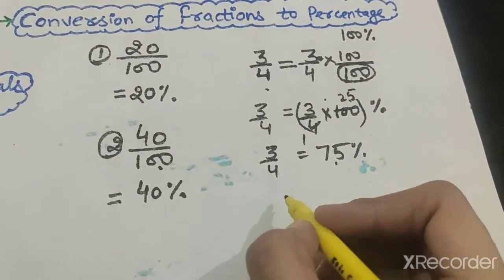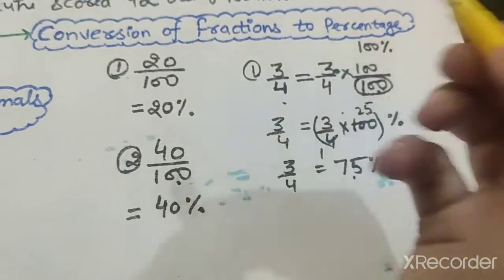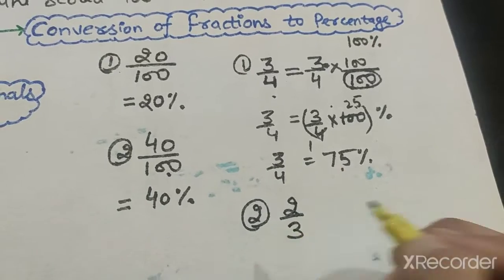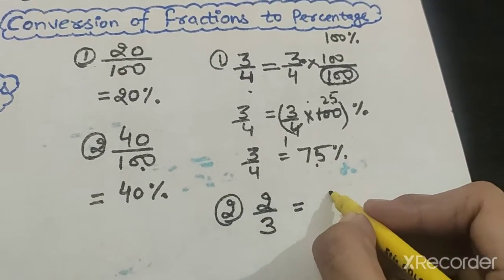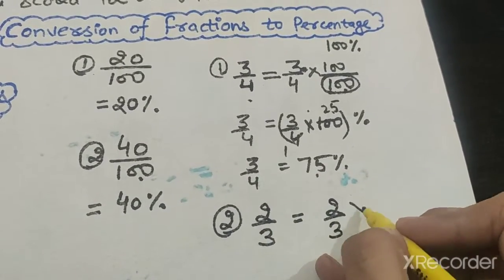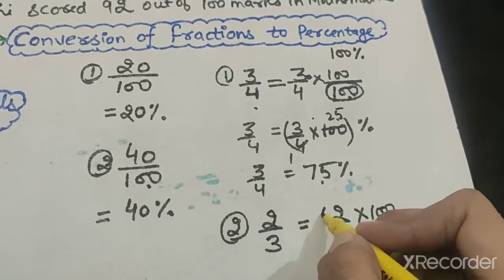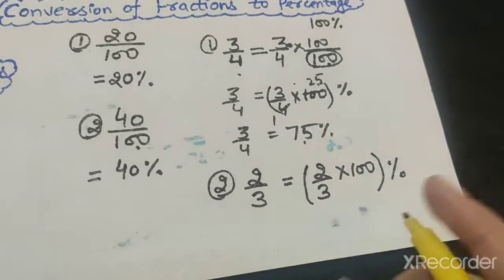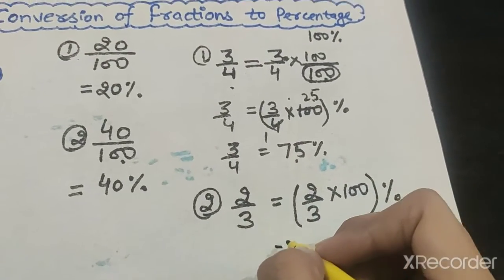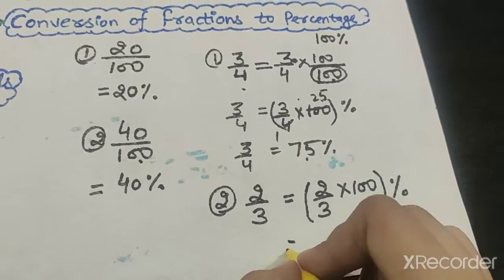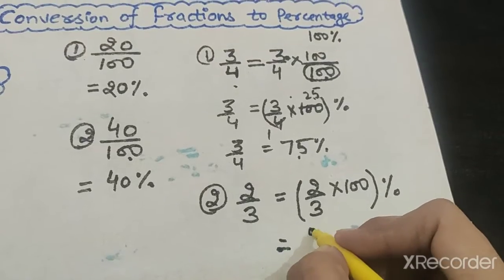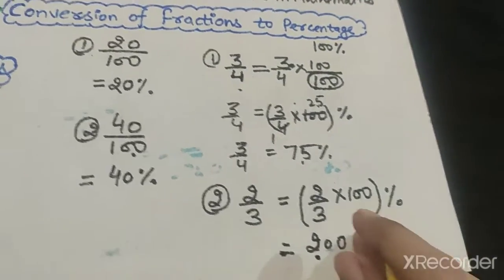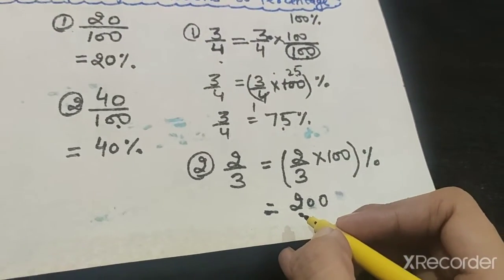Let us look at one more example. For example, 2 by 3. You have to convert this fraction into percent. So go by the rule. Just multiply the fraction with 100 and put the percentage sign with the result. So 2 by 3 multiplied by 100 is 200 by 3%.